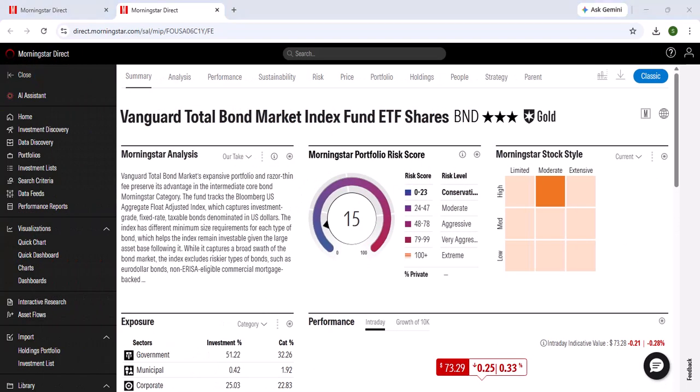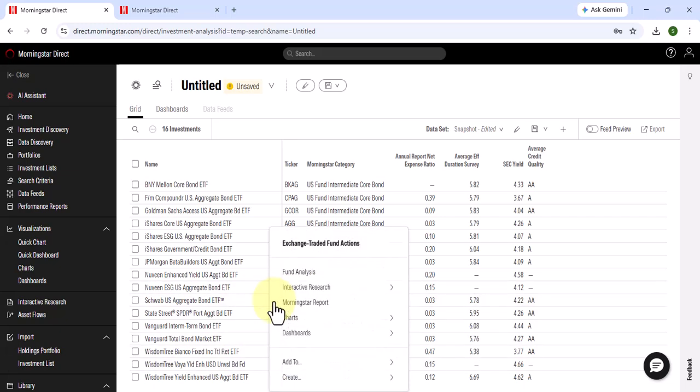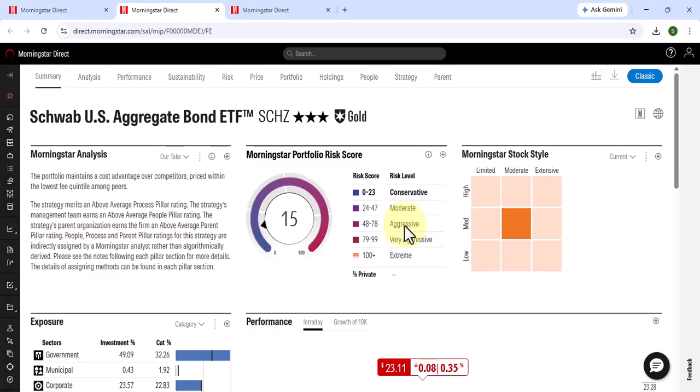And then finally, the last fund we were looking at was the Schwab U.S. Aggregate Bond ETF. Sorry, they're in a different order. The SEC yield on this one was lower than that 80th percentile. I would probably not include that one in my list because it is just a little bit lower than the other two in terms of that SEC yield, but still a good fund.